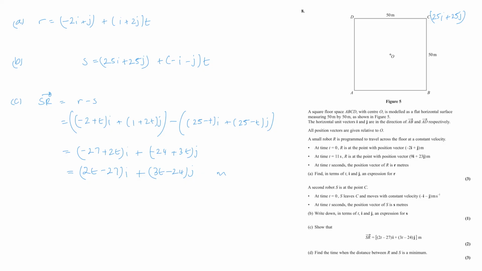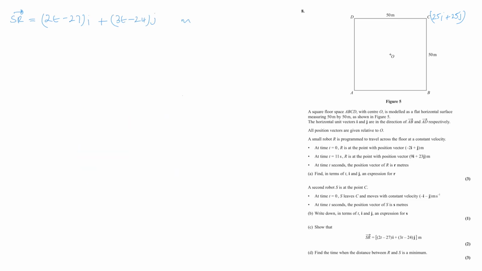Now final part, part D, find the time when the distance between R and S is a minimum. So SR, the distance, is going to be Pythagoras. So that's 2t minus 27 squared plus 3t minus 24 squared, and then square rooted. So d, that distance, I'm going to make that squared so that I can get rid of the square root for now on the right hand side.